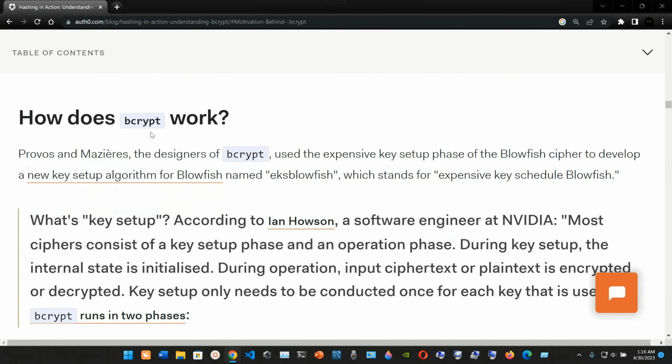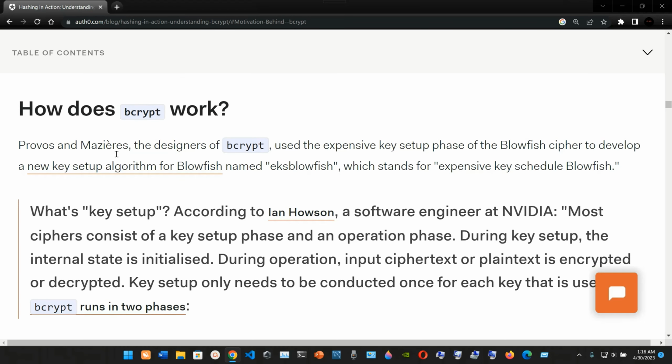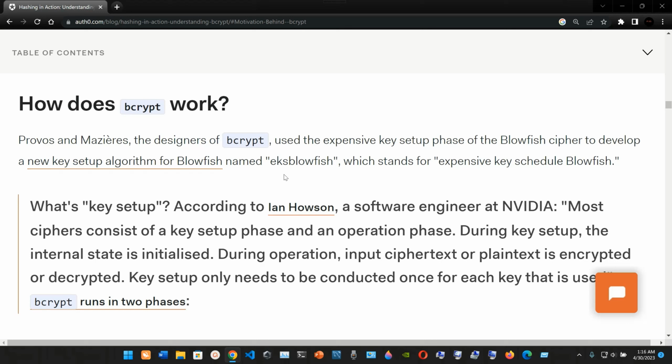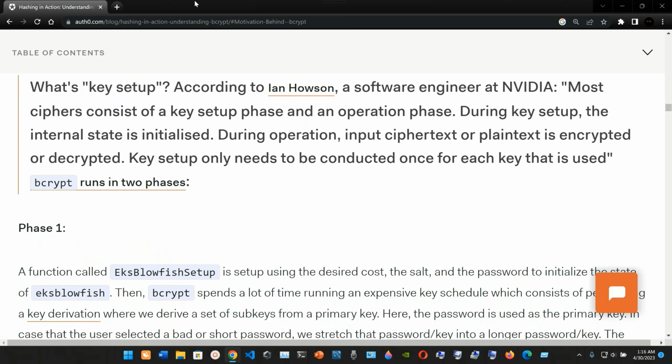So, how does Bcrypt work? Provos and Mazières, the designers of Bcrypt, used the expensive key setup phase of the Blowfish cipher to develop a new key setup algorithm for Blowfish named EksBlowfish, which stands for Expensive Key Schedule Blowfish. What's key setup?